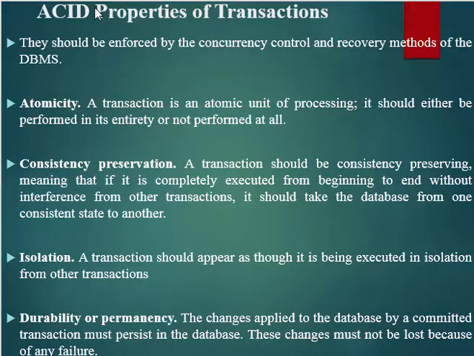That is known as isolation. A transaction should appear as though it is being executed in isolation from other transactions. There won't be any transaction that affects the execution of another transaction. That is called isolation.